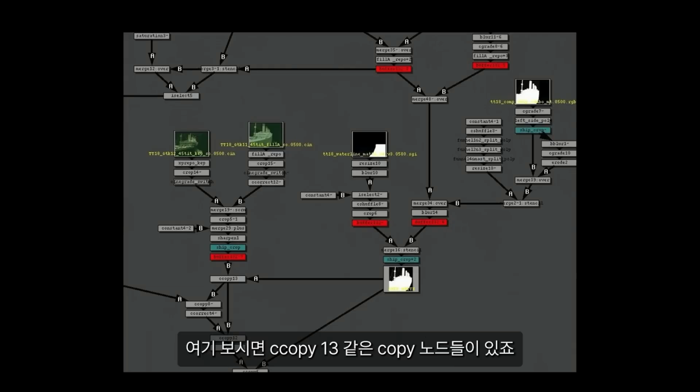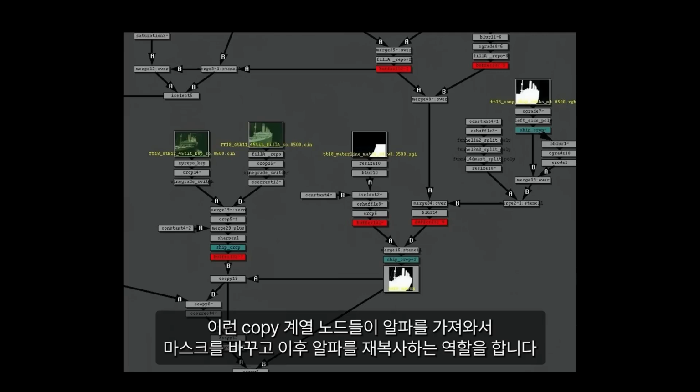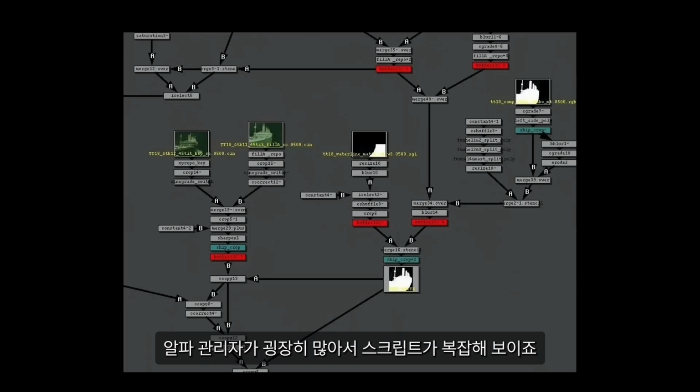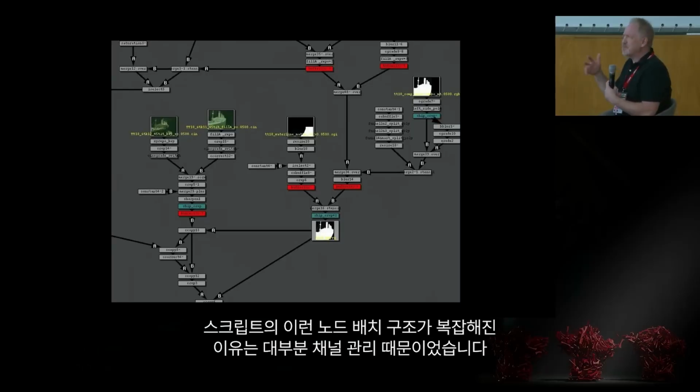So you see the copy 13 and the various copies that are bringing the alphas in, changing them to masks, and then recopying the alpha. There's a lot of alpha management going on. And that just caused the script to look complex, but what was going on was relatively simple stuff, right? It's just management of the channels that caused a lot of the topology to happen.